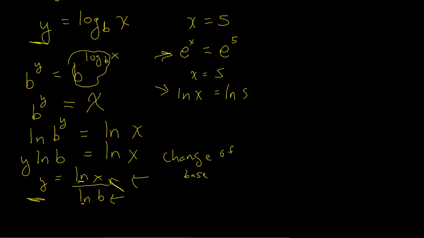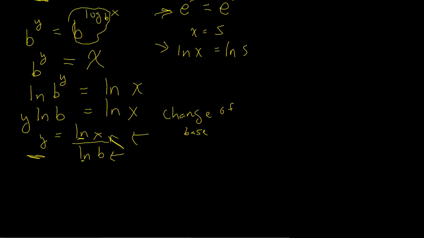Well, what if you can't find the natural log key? So I'm going to take all my steps down to here, and I'm going to change over to a pinky color. I'm going to come back with the b to the y equals x, and instead of taking the natural log, I'm going to take the common log. I'm just going to say, hey, I'm going to take log base 10 of b to the y to this side, and whatever I do to one side, I do to the other.